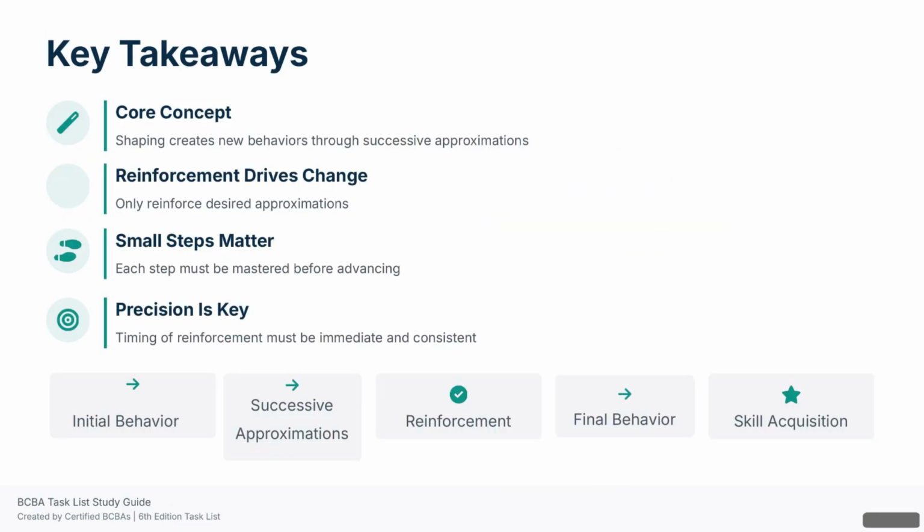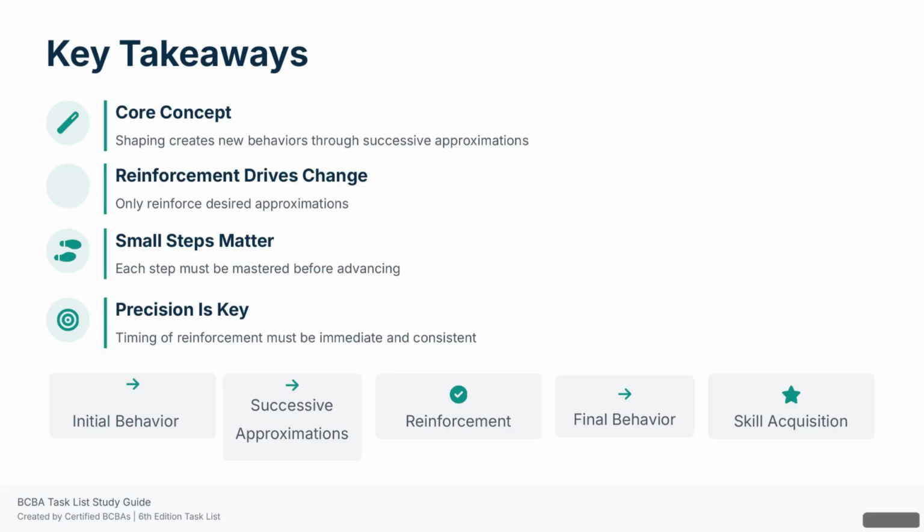To summarize, shaping is a core ABA procedure for teaching new behavior through successive approximations and differential reinforcement. It is especially useful when the final target response does not yet exist in the learner's repertoire. Shaping can be applied to many dimensions of behavior, including rate, timing, intensity, and topography.